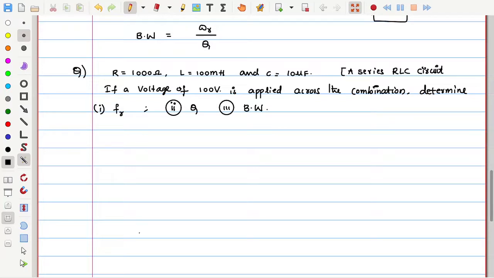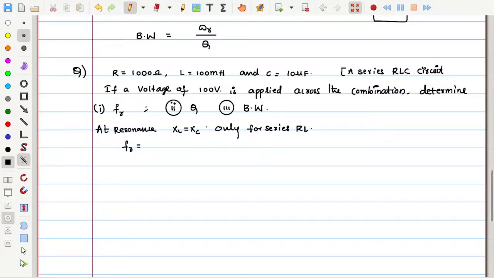Let us find these three quickly. FR, for a series RLC circuit at resonance, we can think of XL equal to XC, for series RLC only.